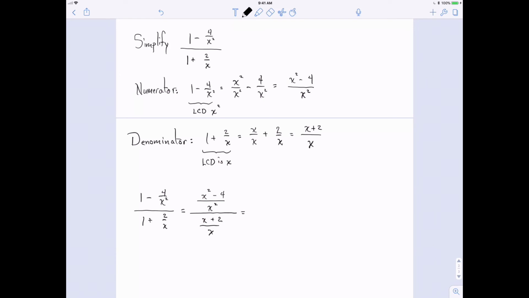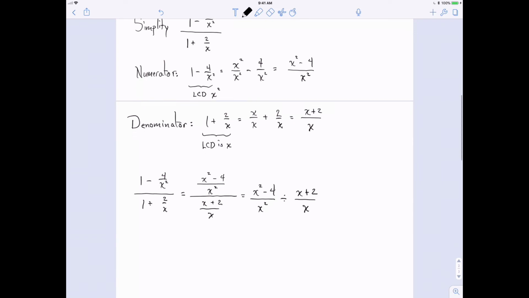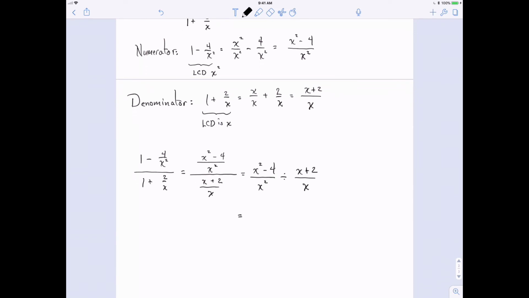Well, now this just says you take the first fraction, x squared minus 4 over x squared, and you divide it by the second fraction, or the bottom fraction, x plus 2 over x. I'm going to have to bring my work down. So now I have x squared minus 4 over x squared times, and we flip the second fraction, and the division becomes multiplication, so this is x over x plus 2.